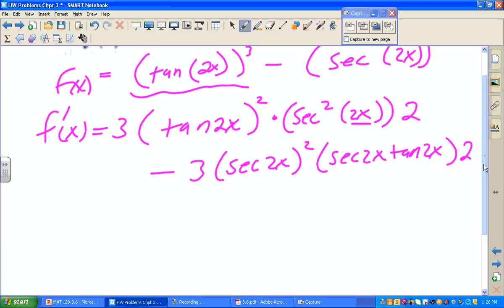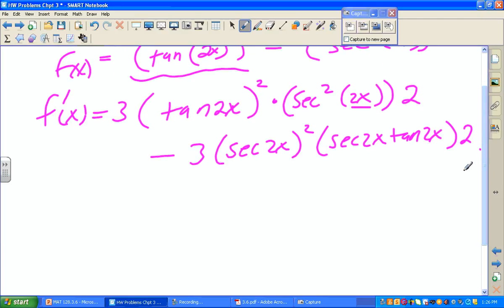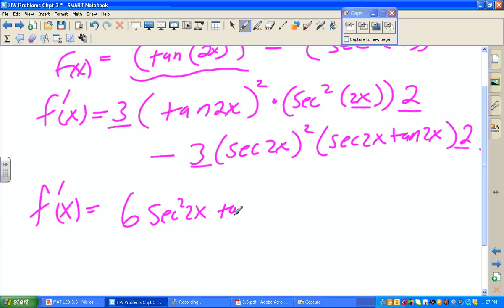And then you kind of look for something common to write, so you don't have to write things twice. Both terms have a 3 and a 2, they have a 6. So I can take the 6 out of both of them. I can take the secant squared out of both of them and a tangent, right? So I'll go secant squared of 2x, tangent of 2x. I'm just doing that so I don't have to write them twice.